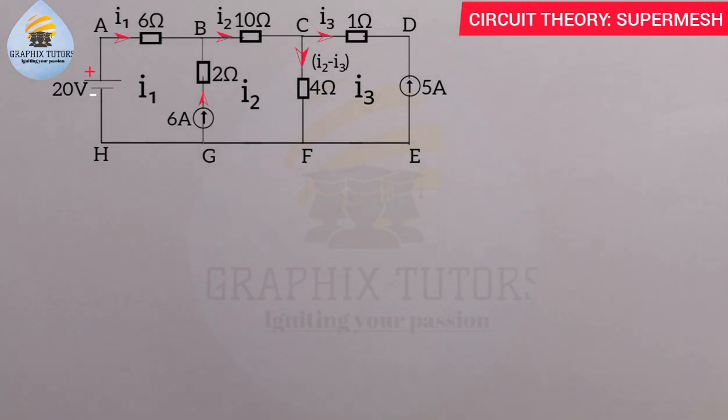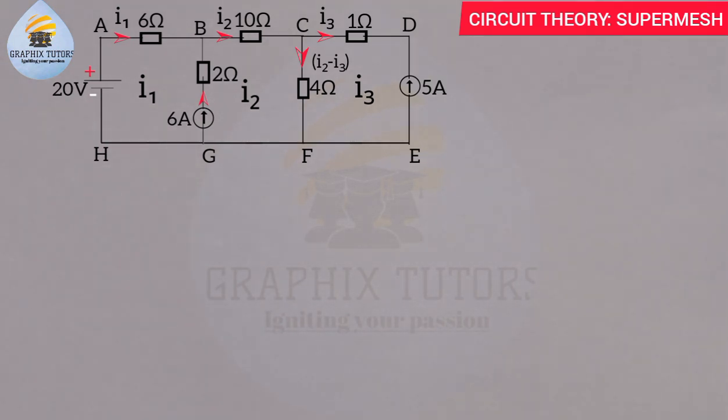And we cannot solve it the way we solve other problems that don't have a current source in between 2 meshes, because this current source is restraining us from getting the equations that will help us get the branch currents and the mesh currents in this circuit. So the question is, what are we going to do? We are going to open circuit the 6 ampere current source.